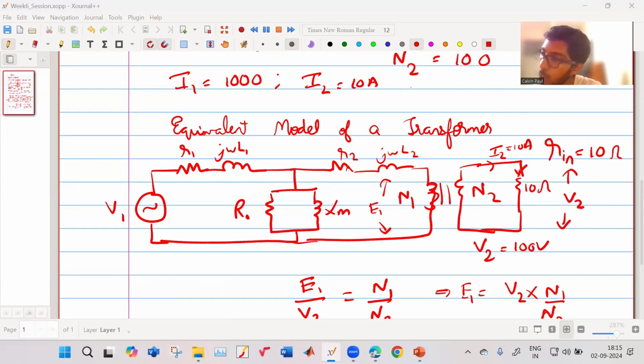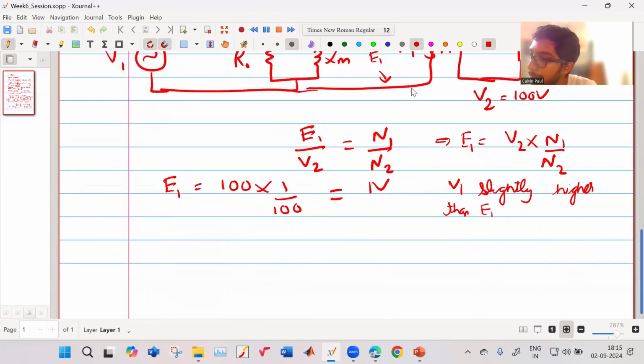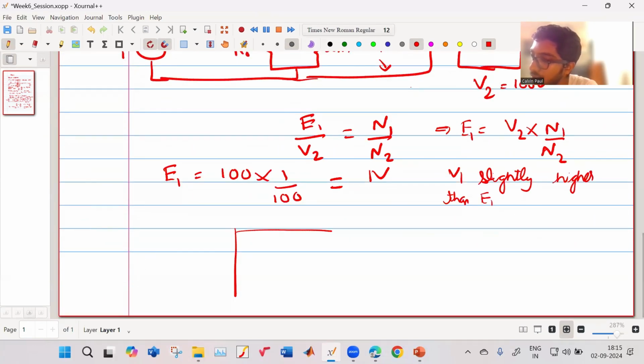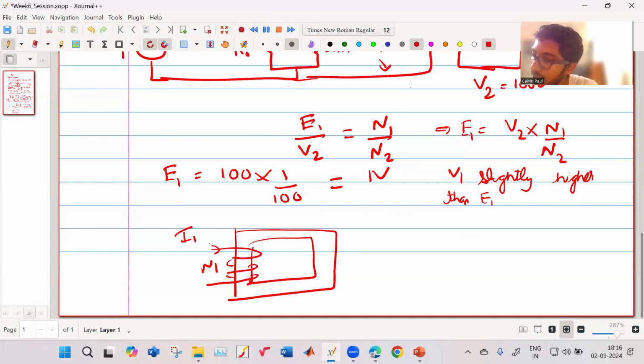In a transformer there's a core and there's this winding, carrying I1, with N1 turns, and another carrying current I2 with N2 turns.